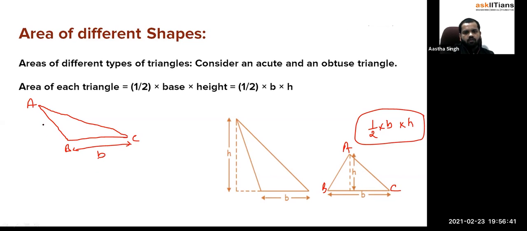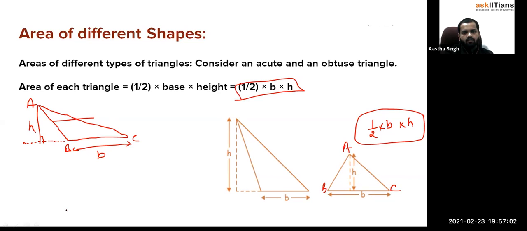So your base is BC, then for the perpendicular distance to base BC, just extend the base BC and drop a perpendicular. This is your perpendicular distance H. So in this case also, your area of the triangle is equal to half base into height.